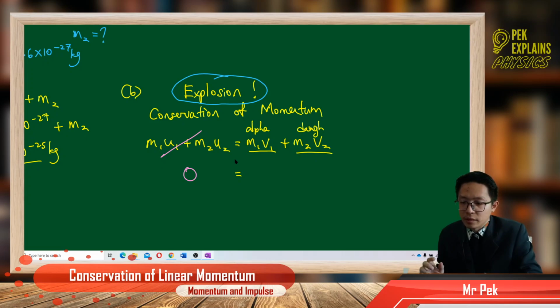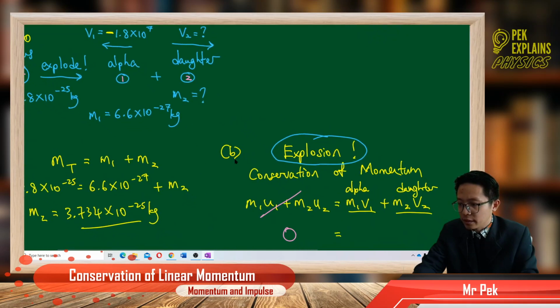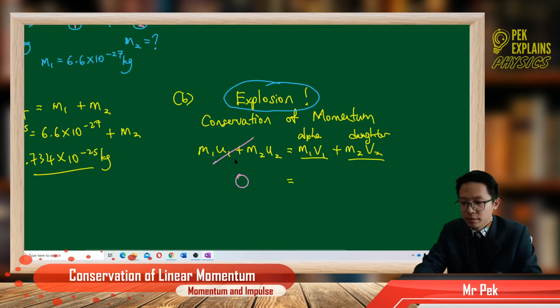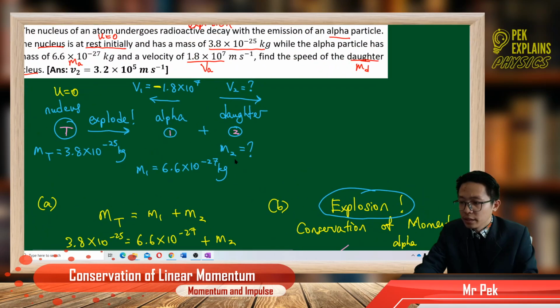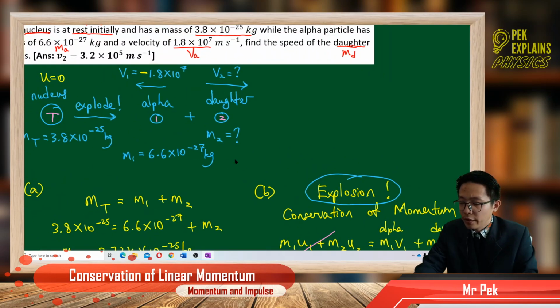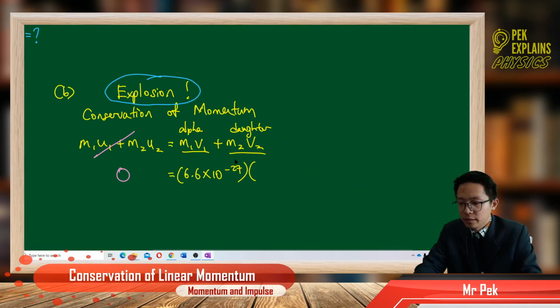The mass of the alpha is 6.6 × 10^-27, and we have the velocity of the alpha, which is negative 1.8. Don't forget to put the negative.